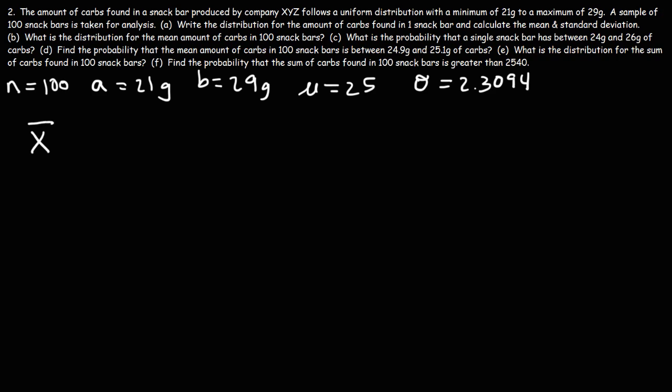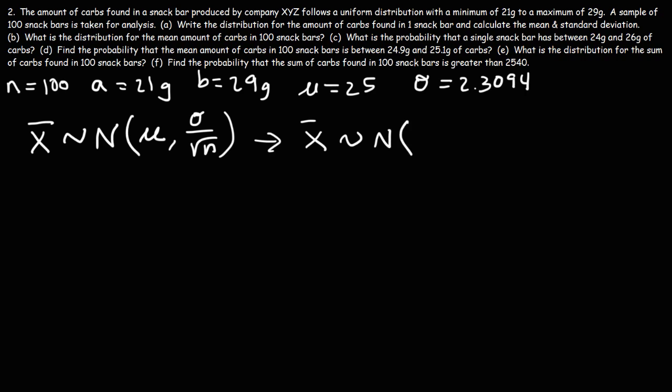So since we're dealing with a sampling distribution of the sample means, we're going to write x bar instead of x. And it takes on the shape of a normal distribution with the parameters the mean and the standard error. So we know that the mean is 25.